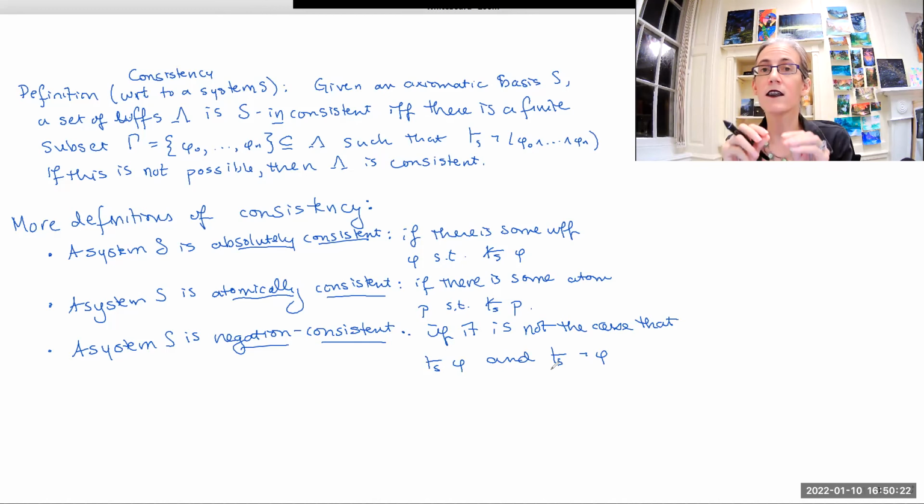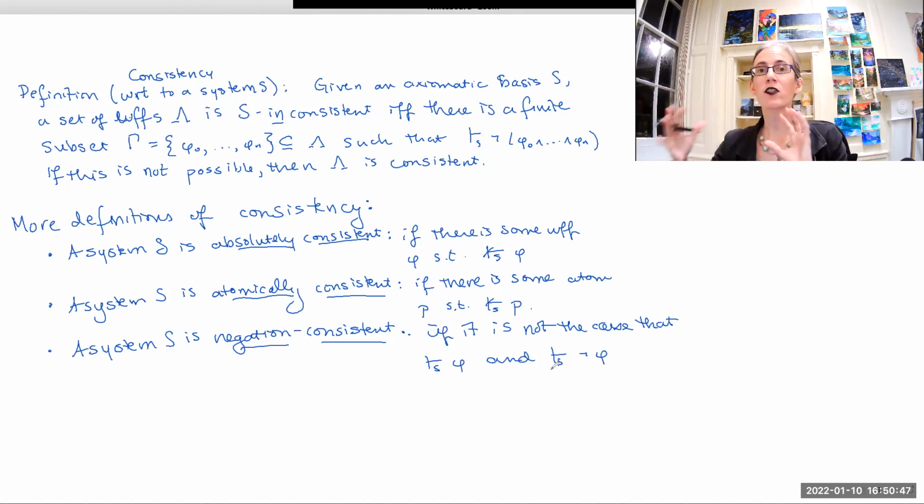Now, negation consistency is the really interesting notion of consistency when you start looking at non-classical logics, because these are often ones where negation is not just the dual of truth. You can have systems such as intuitionistic logic where negation is a stronger notion. It's not just that it fails to be true, but in an intuitionistic setting, it not only fails to be true now, but it will never, ever, ever be true again at any point in the future.